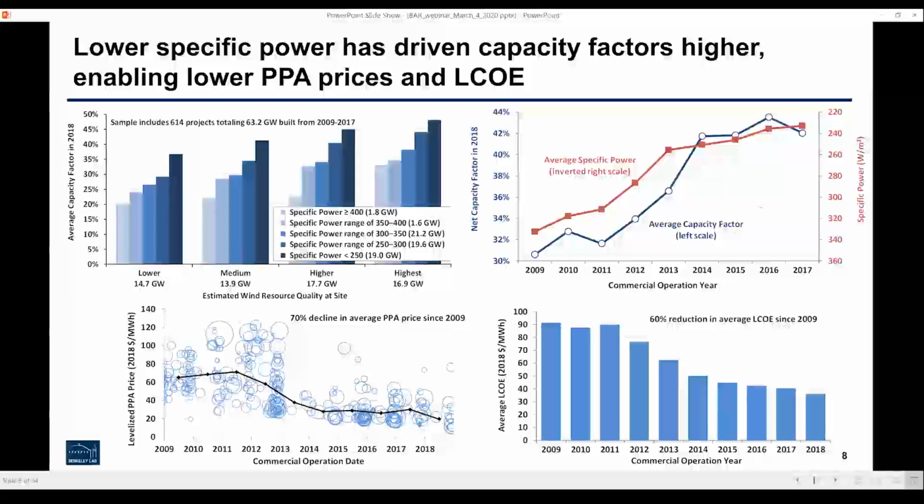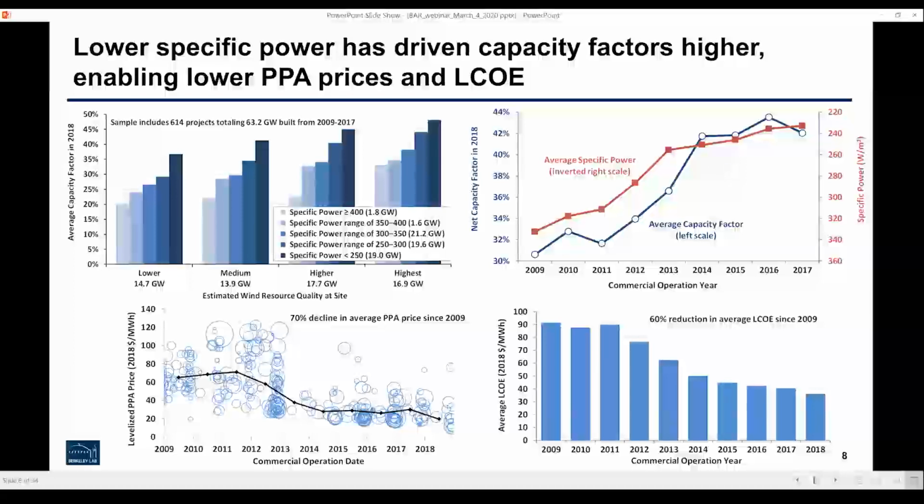The time trend shown here in the upper right is also instructive. There we see average specific power by project vintage, in this case plotted on an inverted scale so that it moves directionally with capacity factor, which is also averaged by project vintage here. And you can see that there is a strong correlation between the two. As average specific power has declined, average capacity factor has increased.